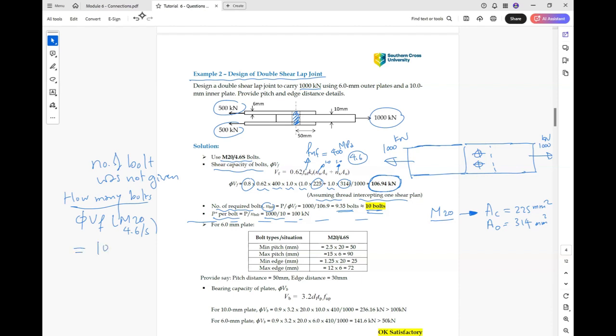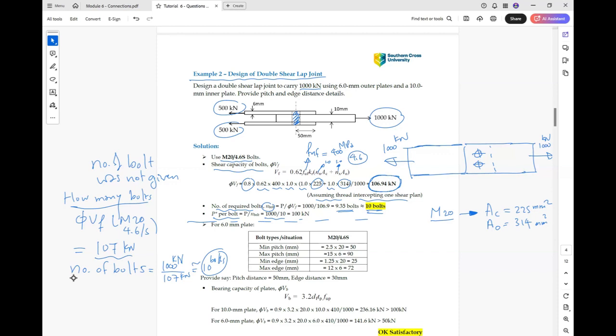The maximum capacity for each one is almost 107 kilonewton. So the number of bolts will be the total force, 1,000, over 107, which gives us almost 10 bolts. So you will need at least 10 bolts to carry this shear force.